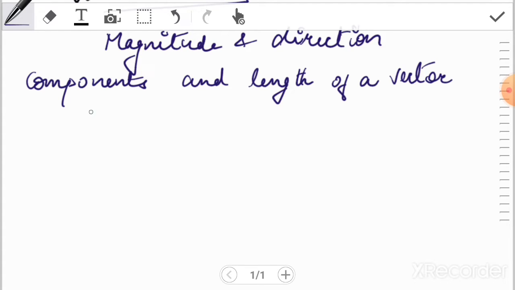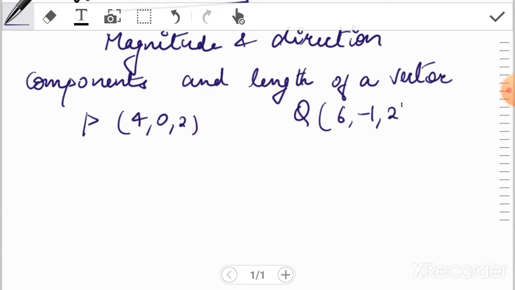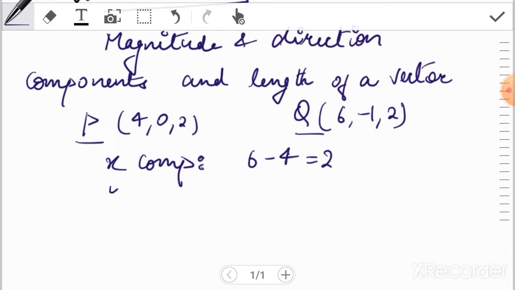So if we have a vector with initial point P and terminal point Q, so this vector having an initial point P and terminal point Q will have x component as 6 minus 4, that is 2, y component as minus 1 minus 0, that is minus 1, and z component as 2 minus 2, that is 0.